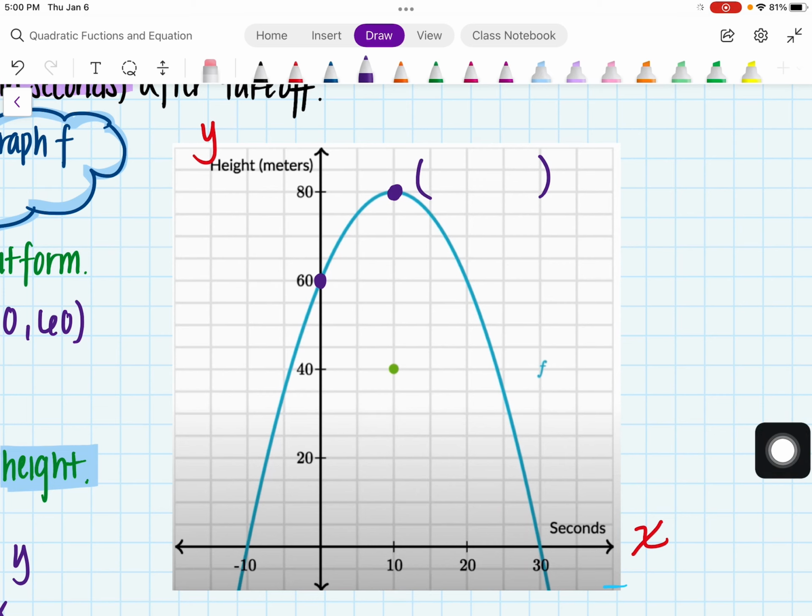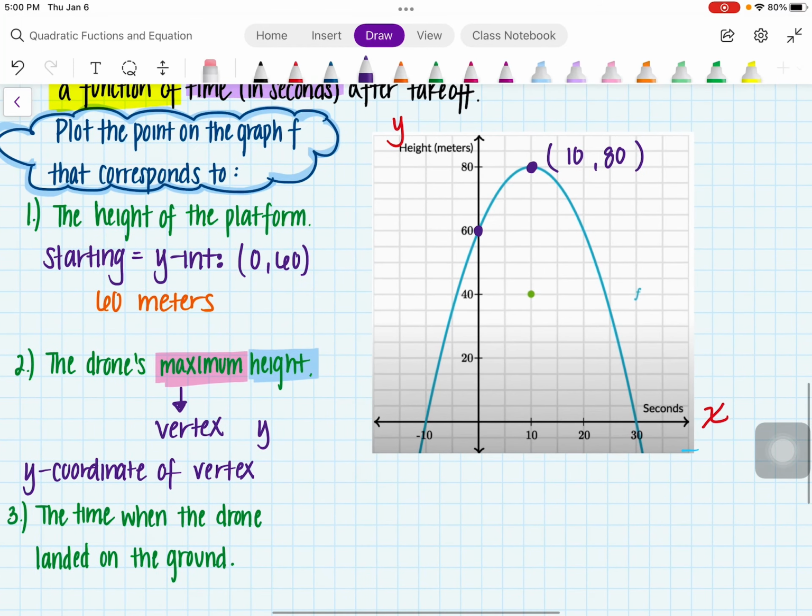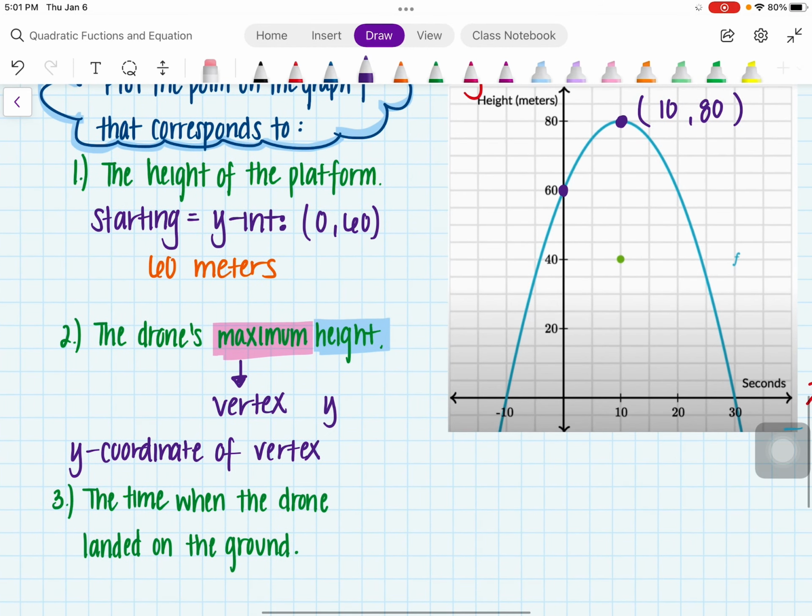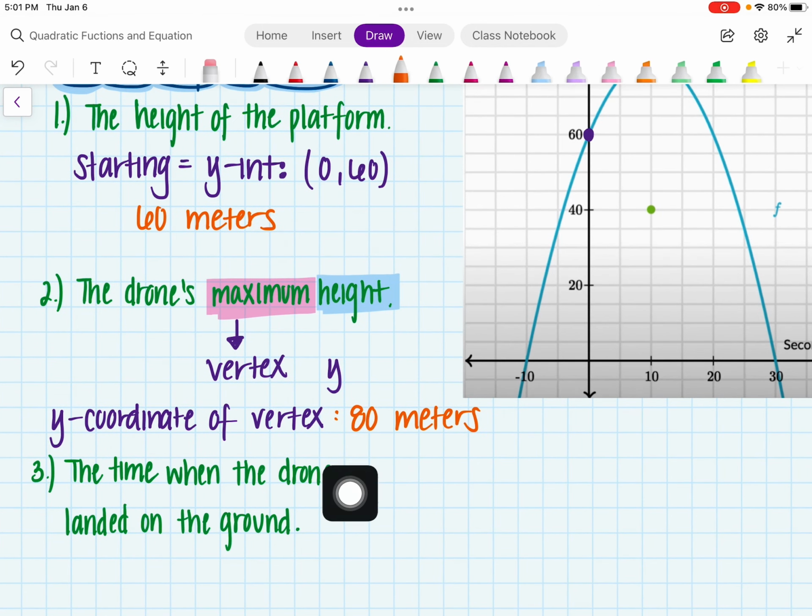If I go down, x is 10 and y is 80. So the maximum height here would be 80 meters. But all you have to do in Khan is just plot the point.